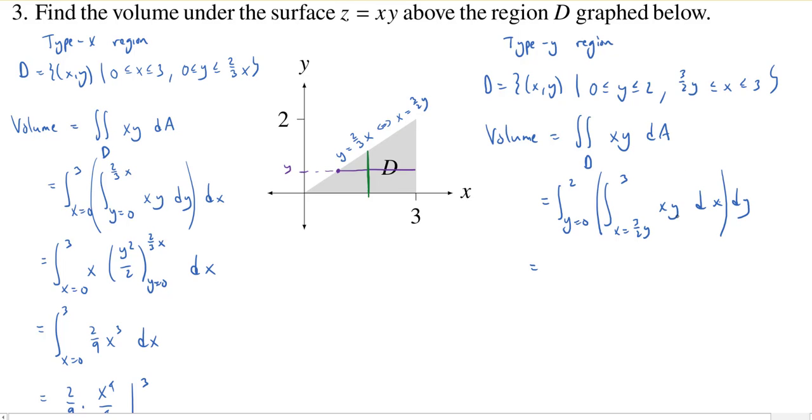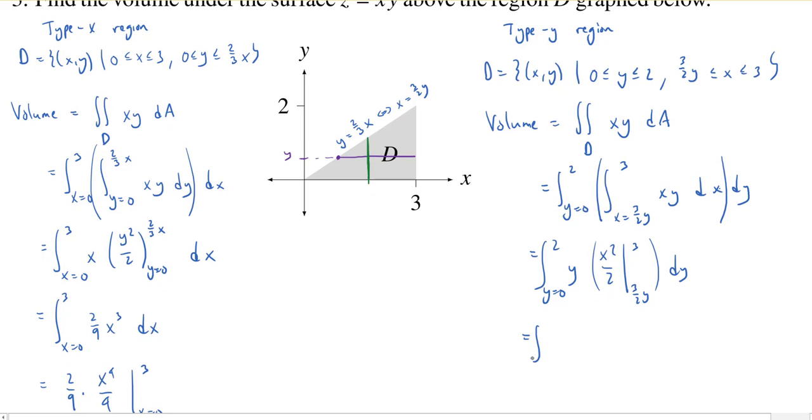Okay, let's see. Well, this y is a constant, so I can pull that out. And then what's left over? I have an x. Anti-differentiate x, I get x squared over 2. And I need to evaluate that between 3/2 y and 3. So the integral from 0 to 2, we have a y.